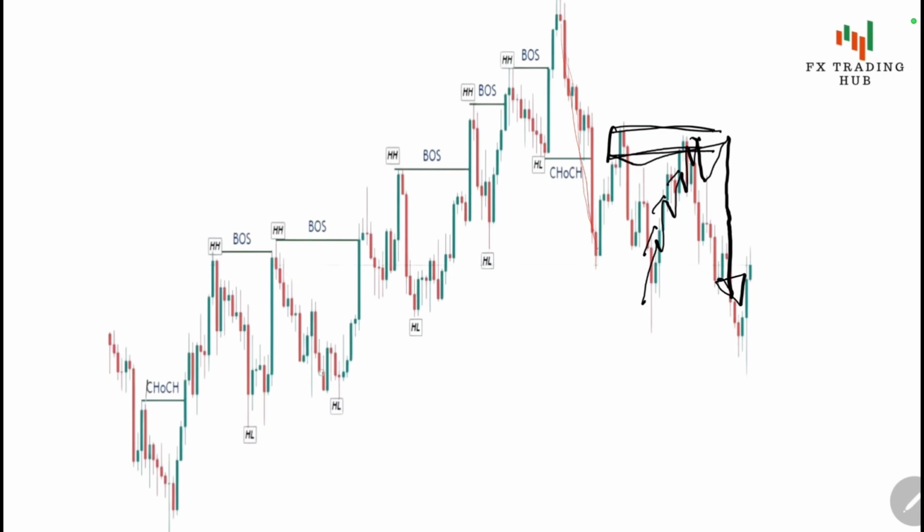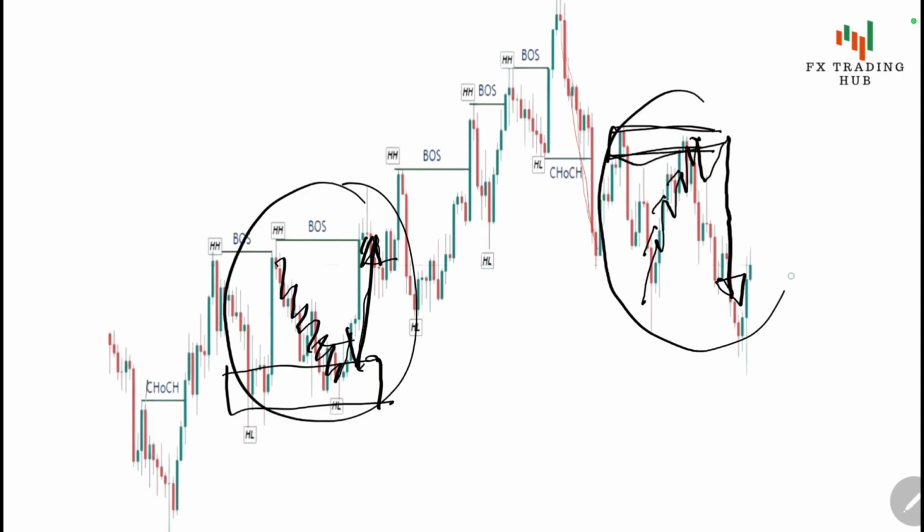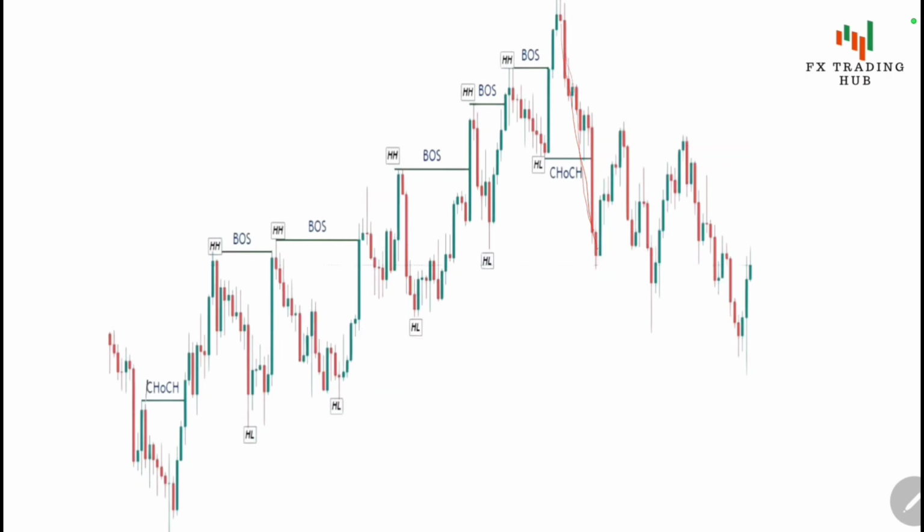As well here, this demand zone that was mitigated, the market on the lower time frame will give a break of structure down to the downside until there is a change of character on the lower time frame that would propel the reversal in trend. These are separate trades on a lower time frame.